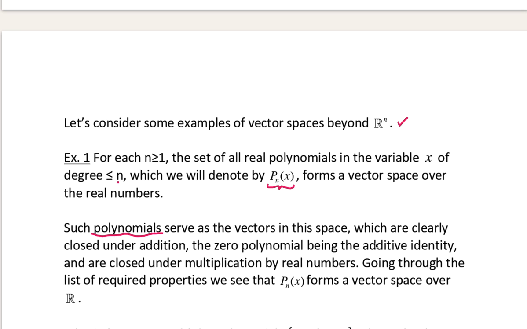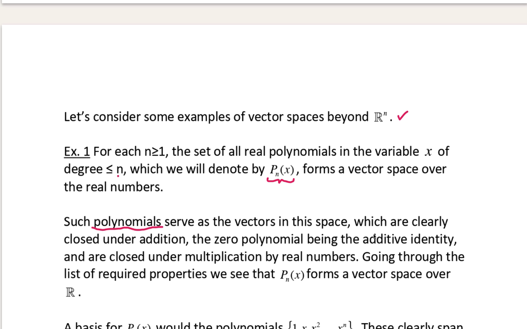Think about it. If I have two polynomials of degree less than or equal to n and add them together, I'm going to get another polynomial of degree less than or equal to n back. Same thing if I multiply any polynomial of degree less than or equal to n by a scalar, a real number. Once again, I'll get a polynomial of degree less than or equal to n back.